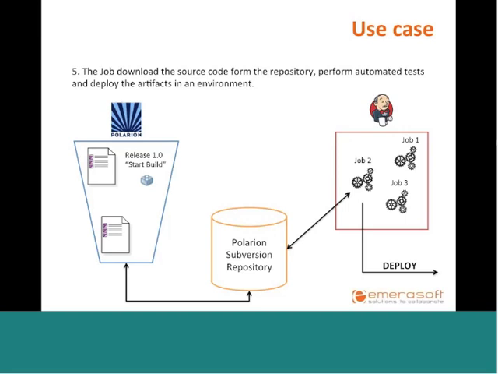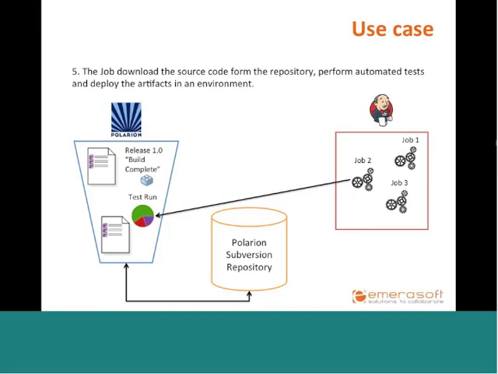For example, it can deploy in a test environment, on production, and so on. At the end of the job, it can respond to Polarion, creating a test run with the test reports, and it can change the status of the work item.